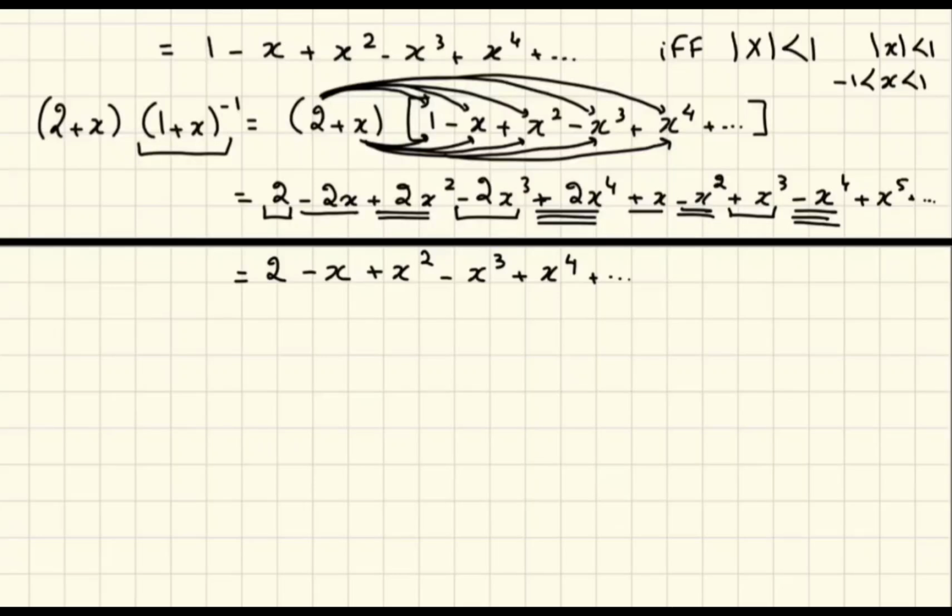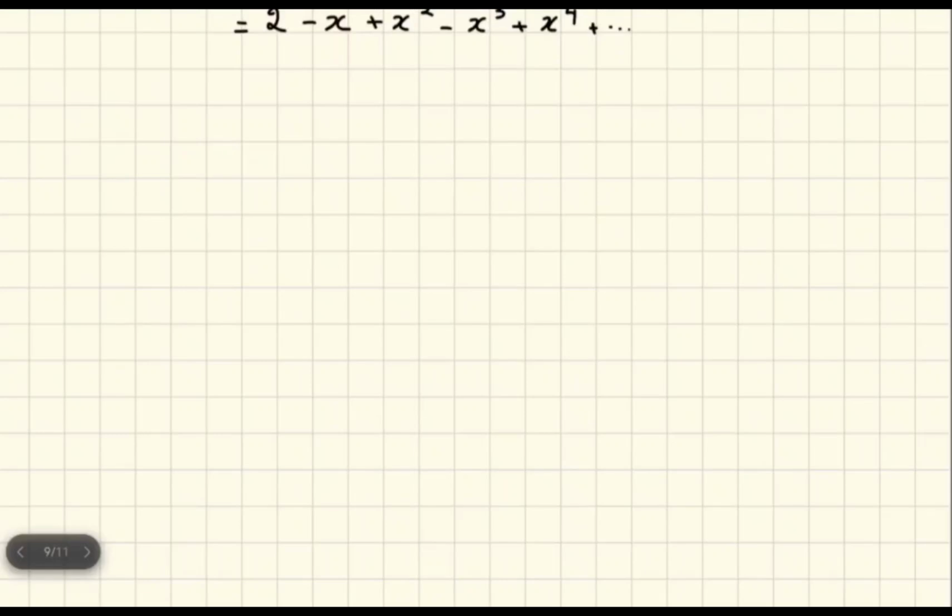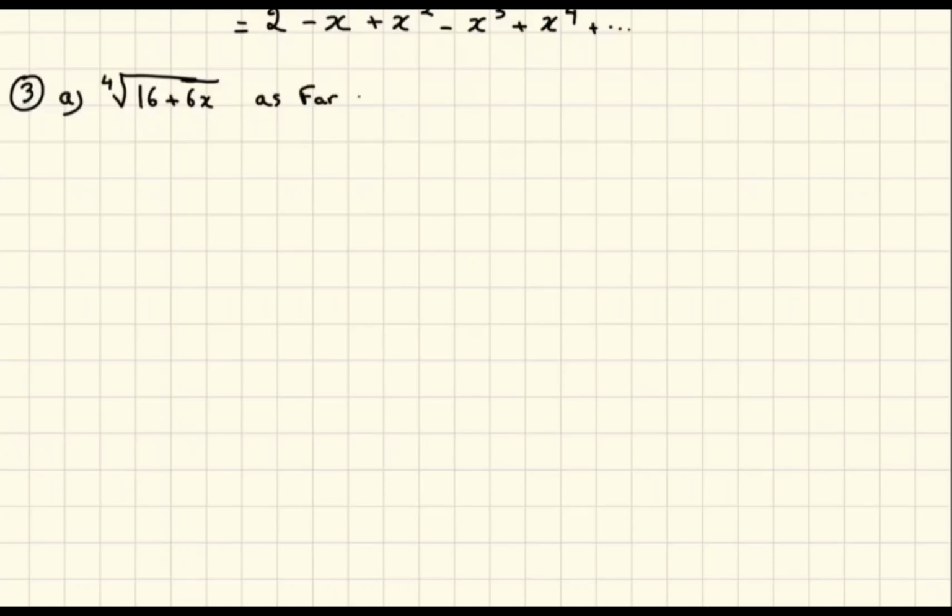I hope this was clear, and let's do one more example. So if we have in number 3, they're telling you in part A, expand the fourth root of 16 plus 6x as far as x squared.